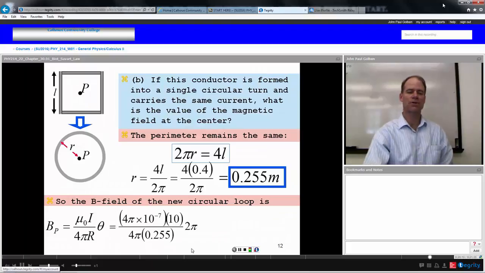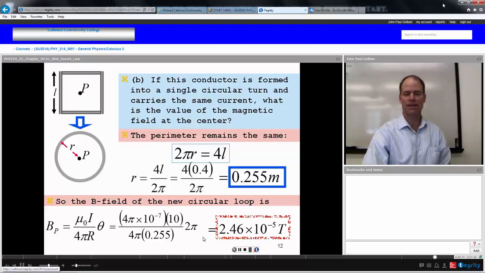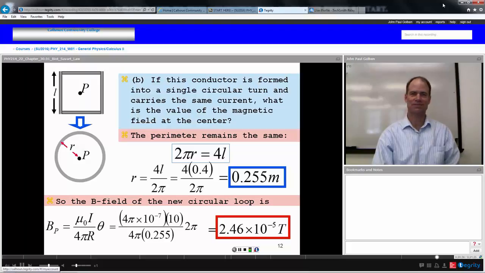So that's mu naught, 4 pi times 10 to the minus 7, times the current, 10 amps, over 4 pi times the radius of curvature, 0.255 meters, times our angle in radians, 2 pi radians, and that gives us 2.46 times 10 to the minus 5 Tesla. Actually, slightly less than what it was when it was a square.